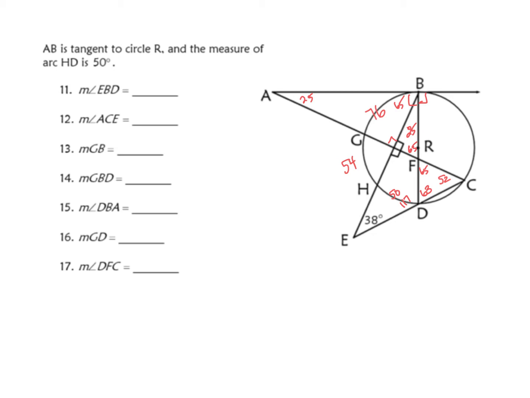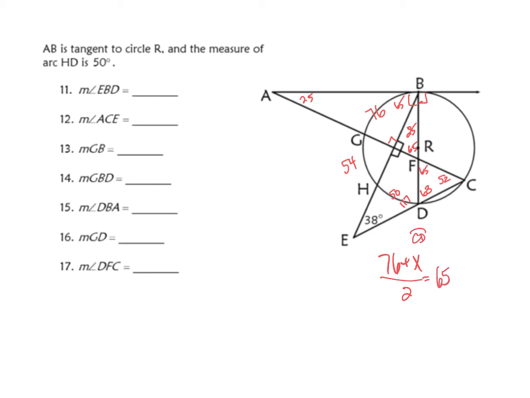So arc CD, right here, I can use this inside angle of 65. And then its other intercepted arc, if I follow out the legs, is going to be 76. So 76 plus my unknown CD, divided by 2, will equal 65.